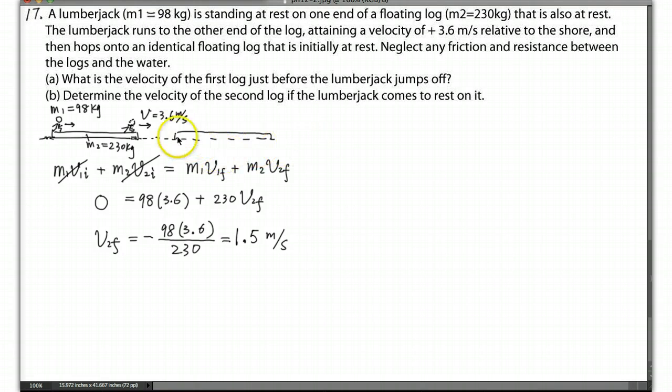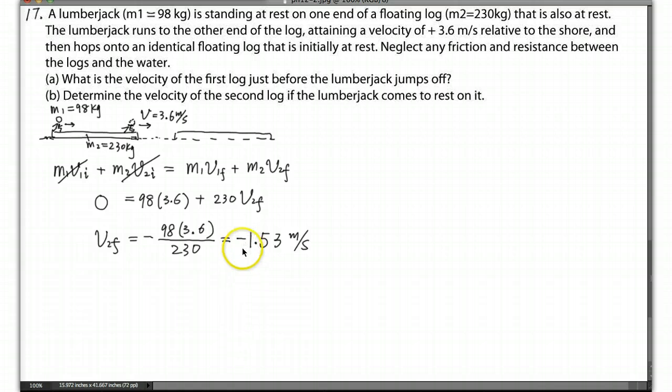Okay, that's an easy calculation. Okay, now look at this. Sorry, first, a little mistake here. So this one should be negative 1.5 meters per second.